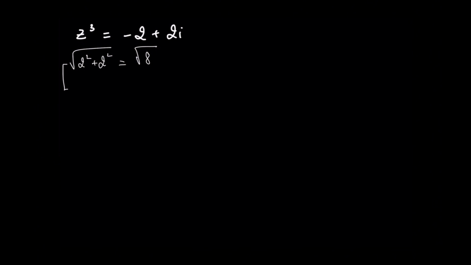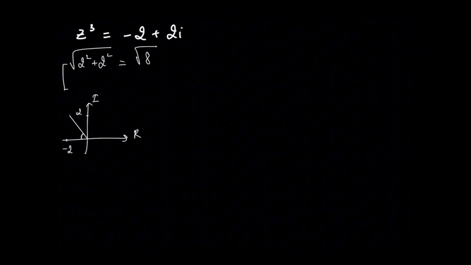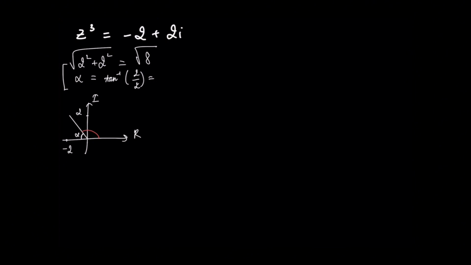And for the argument, you can again draw the Argand diagram. Here we have our complex number, and some will make the mistake of calculating this angle. However, the angle that we are looking for is this angle instead. So you can always calculate alpha first, which is equal to tan minus 1 of 2 over 2, which is equal to pi over 4.